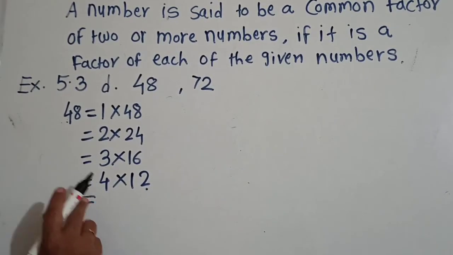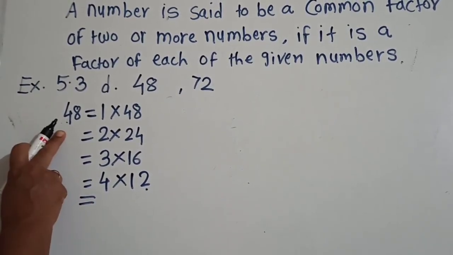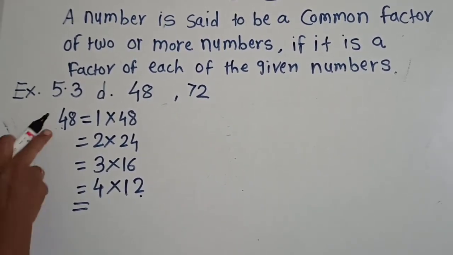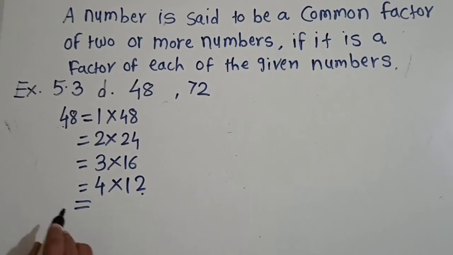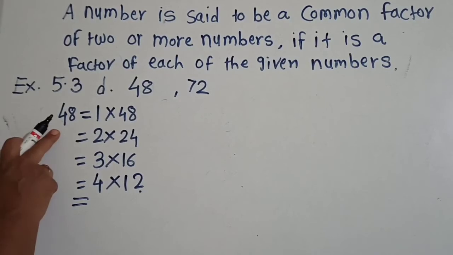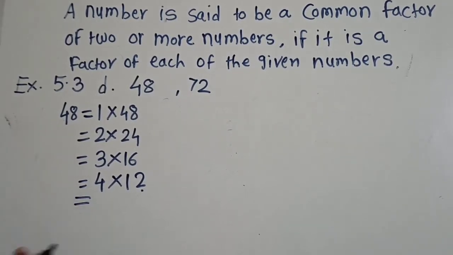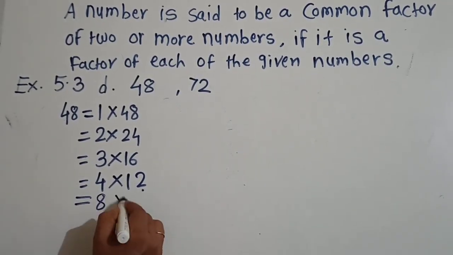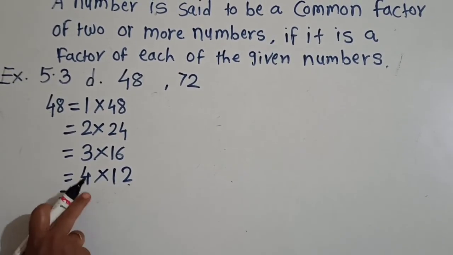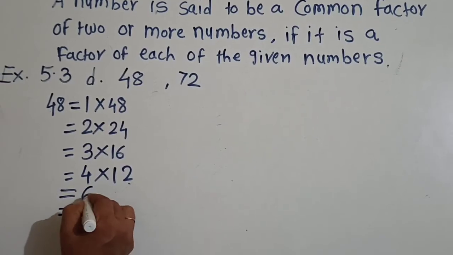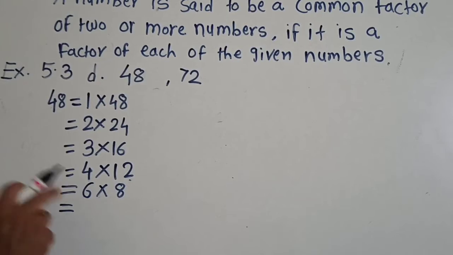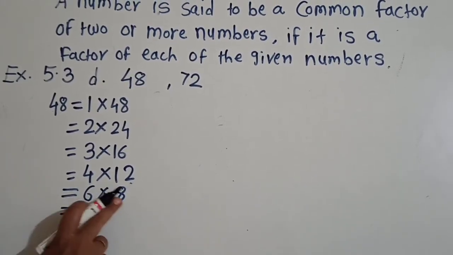Then 5 is no. 6, 6 7s are 42, 6 9s are 54. So 6 is not a factor of 48. Then 7, no, there is no 48 in 7's table. 8, but after 5, yes children, 6 8s are 48. Before, I said there is no 48 in the 6 table, but yes, 6 8s are 48.